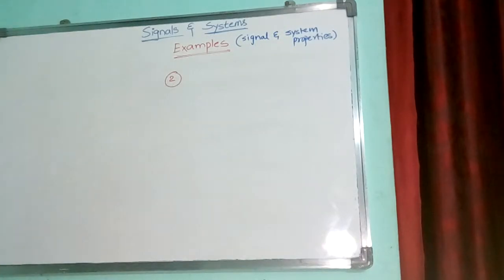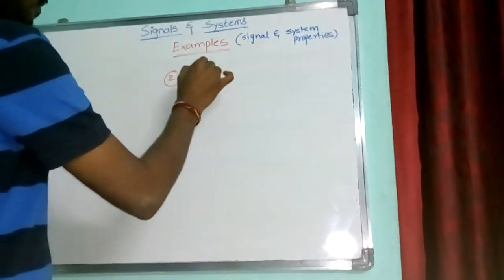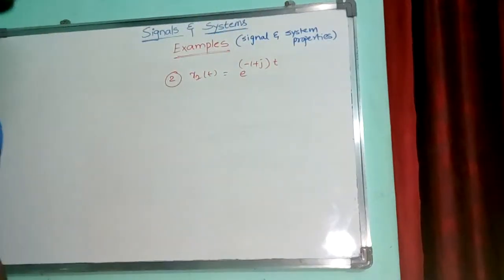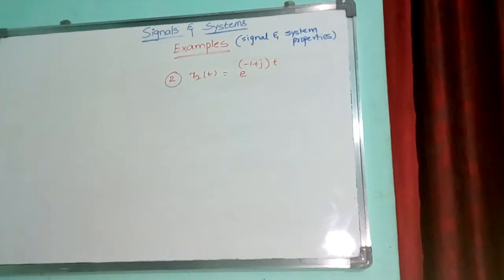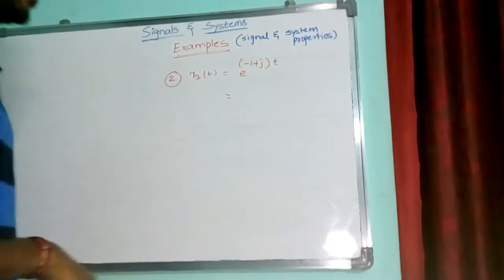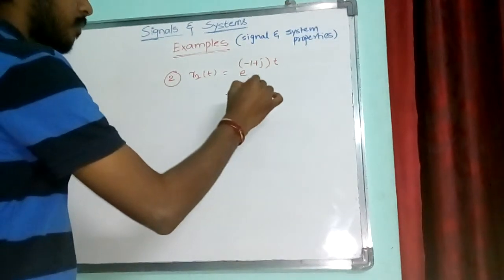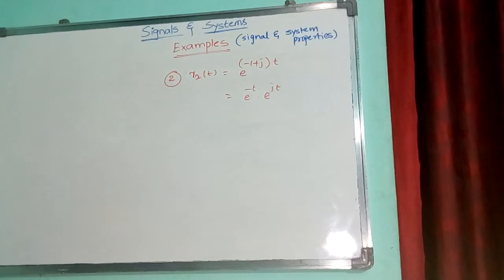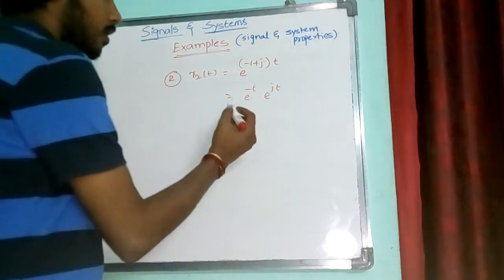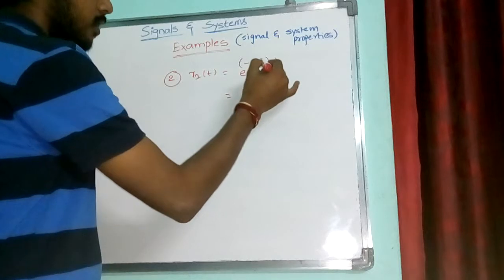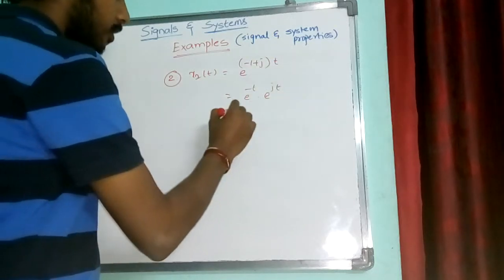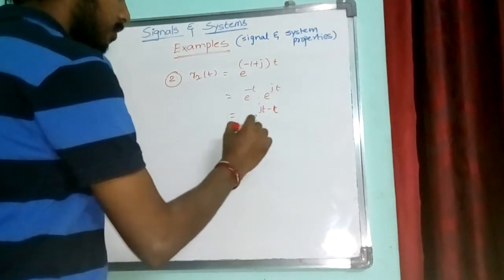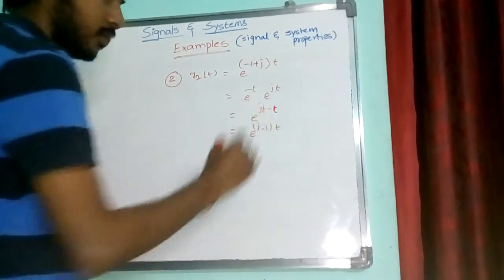Another example is x2 of t, e power minus 1 plus j into t. Now here we have two terms, e power minus t into e power jt. This can be e power jt minus t, which is e power j minus 1 into t.